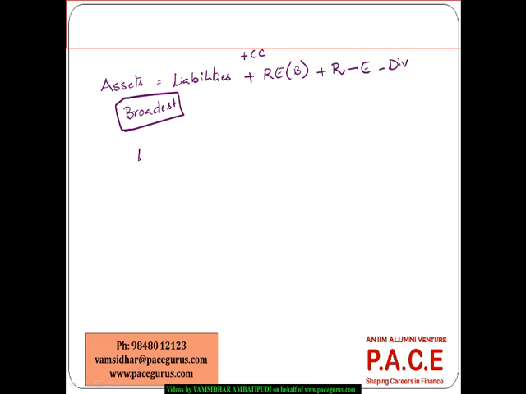To meet that, we follow what is called the double entry accounting system. When I say double entry accounting, every transaction that we make gets updated in at least two accounts.